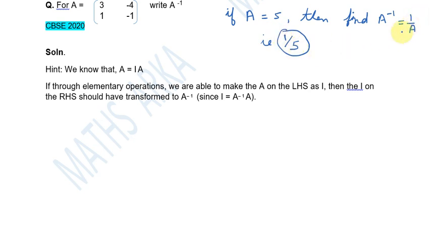That would have been the answer. Here what we need to do is find 1 by A, but it may not be easy to get that, so let's make use of some other property.